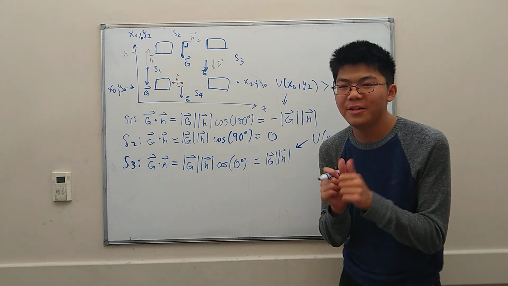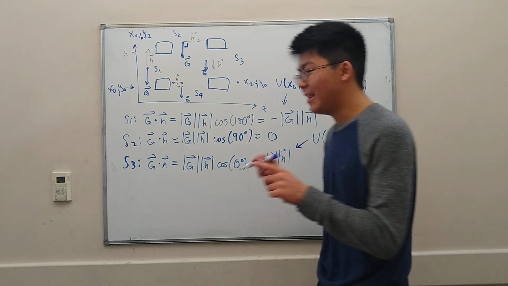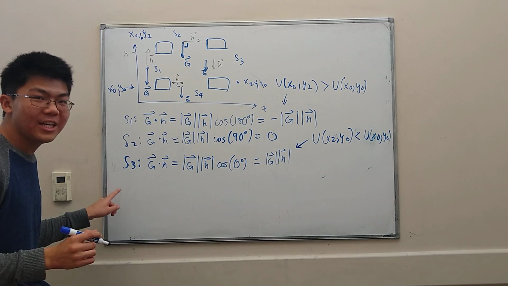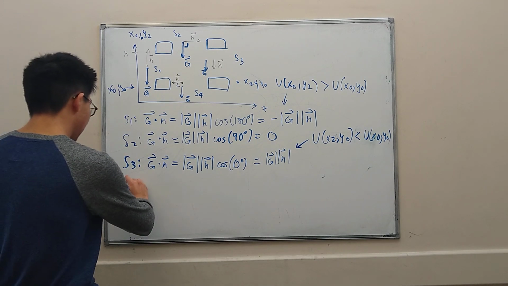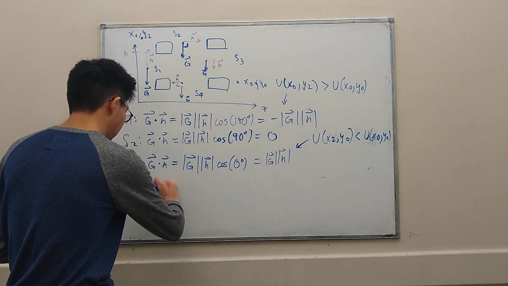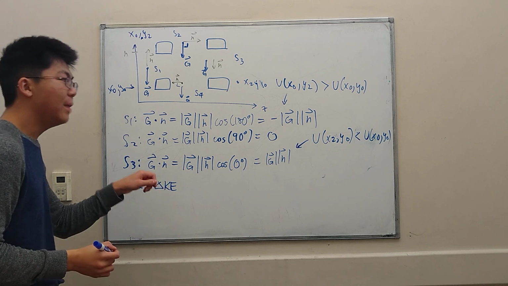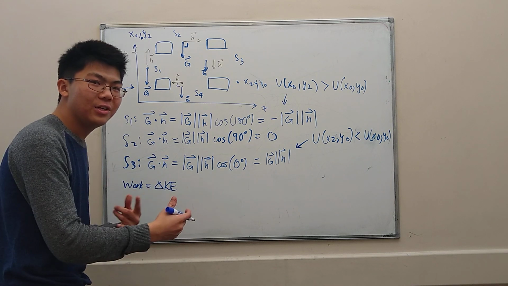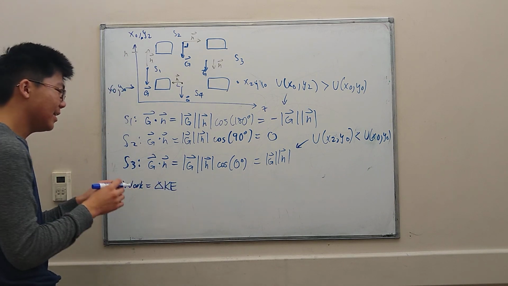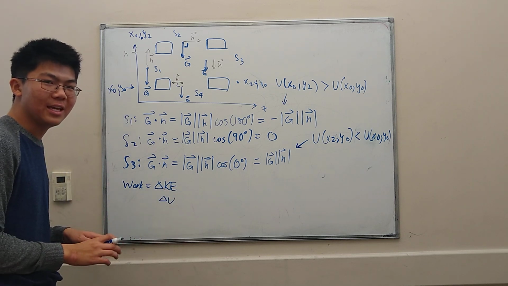There was one other mistake I made in the last few minutes of the last video, and that is work is actually the change in the kinetic energy. I'll symbolize it as KE here, but in the other video, I made a mistake of saying that work is the change in the potential energy, which is not the case.